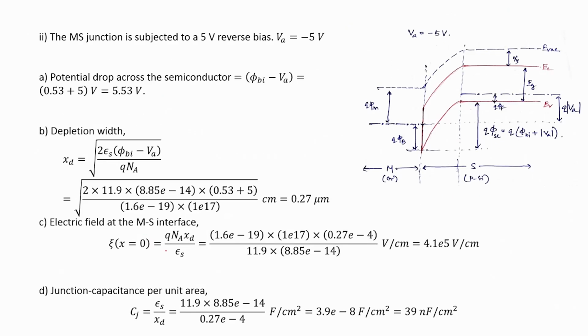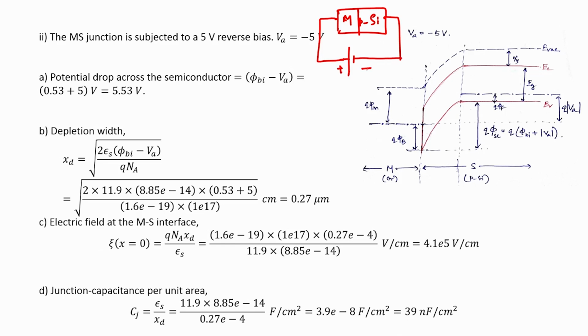So let us jump into the next part where it is given that now the junction is reverse biased. So basically you have this metal semiconductor junction which is a p type silicon, this semiconductor. Now the metal, in case of reverse bias, the metal will be at higher potential and semiconductor will be at lower potential.